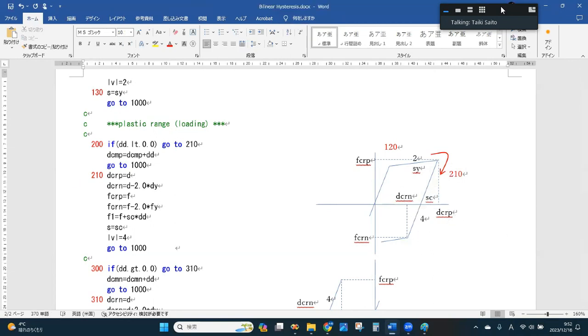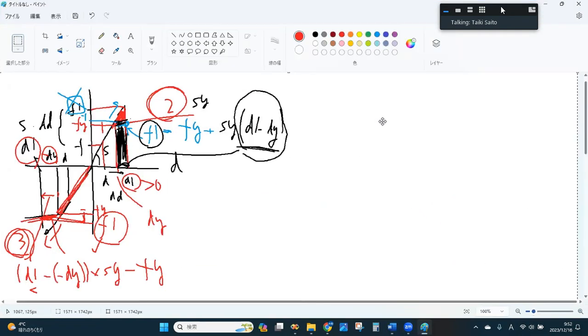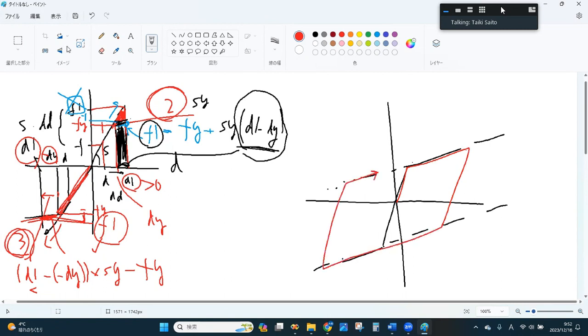You understand? I will write it down here. This is binary hysteresis. If you continue like this, the binary hysteresis goes like this, always on the line between these two lines.